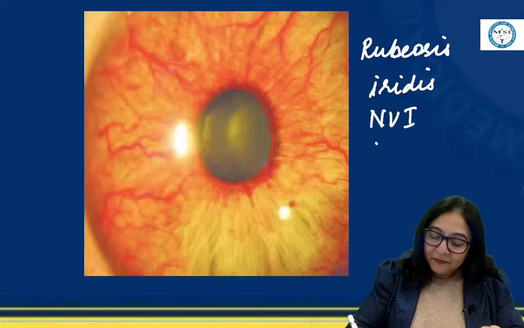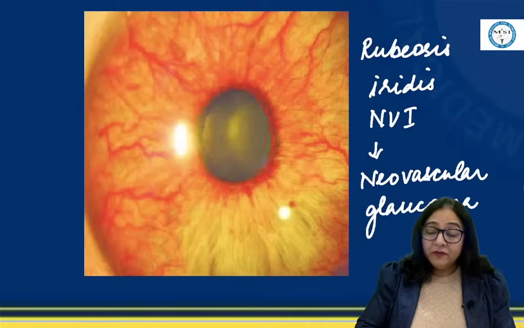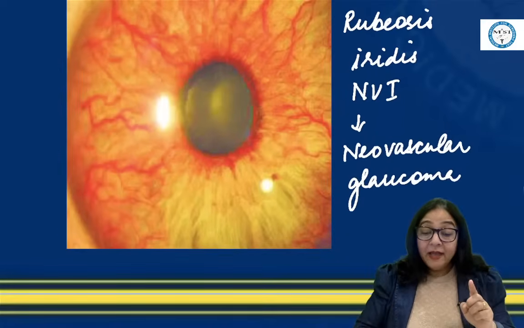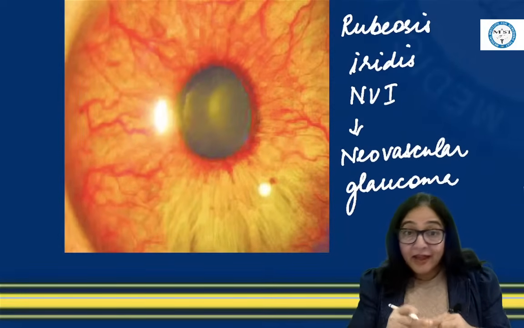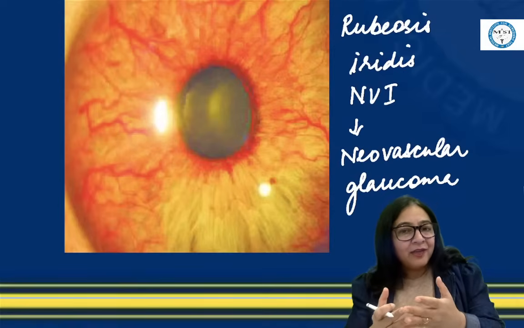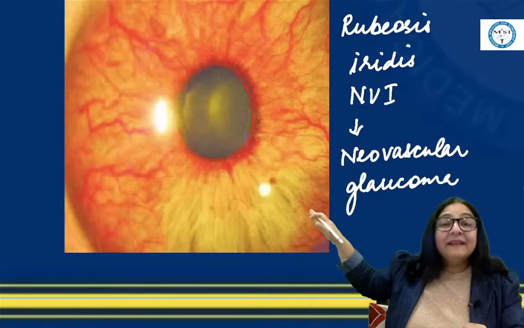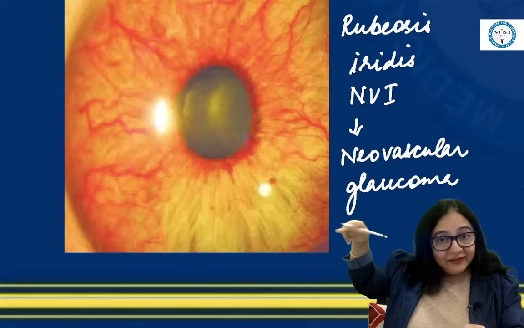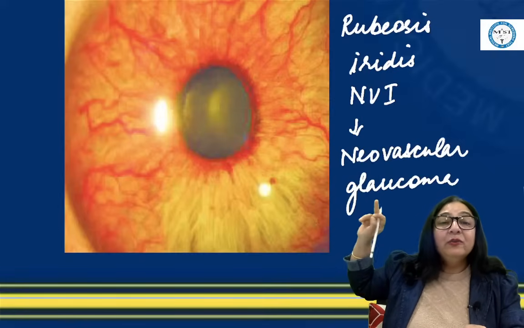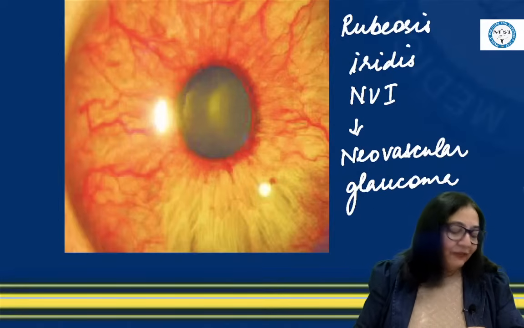When this is present, that leads to neovascular glaucoma. The most common cause of neovascular glaucoma is advanced proliferative diabetic retinopathy. The question statement did not mention anything related to diabetes, and the slit lamp picture was of course not like this. If the slit lamp picture shows new vessels all over the iris, then you will mark neovascular glaucoma as your answer.